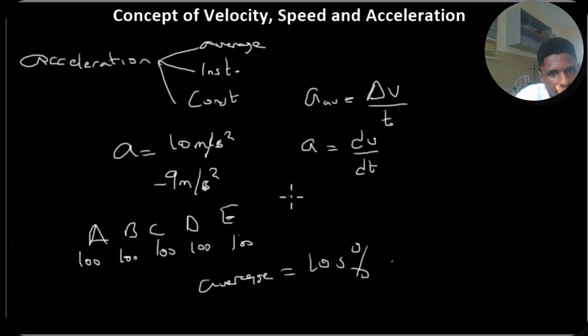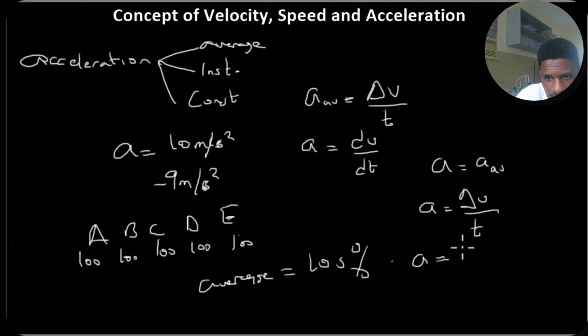We already said for acceleration to be constant, AAV and A must be equal, isn't it? So if I equate both equations, I can say A is equal to A average, and A average is simply delta V over T. So if I were to expound this, delta V means V final minus V initial all over T.